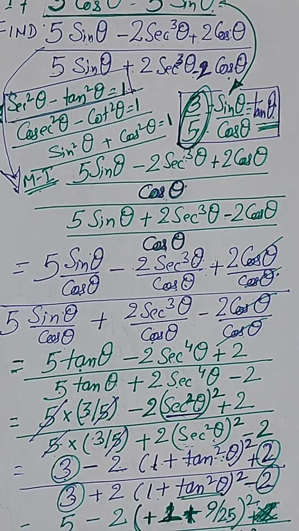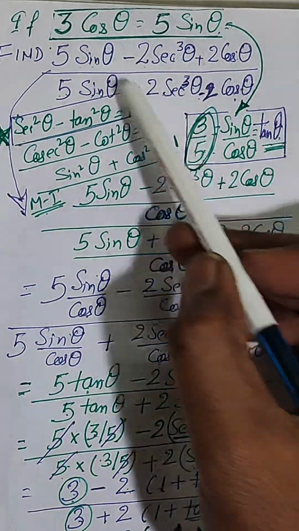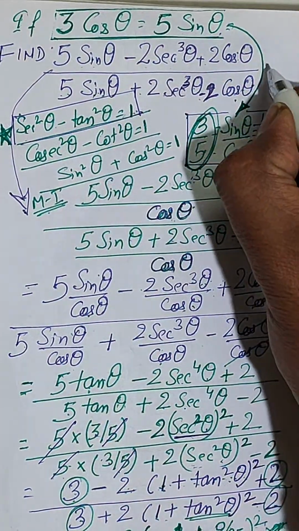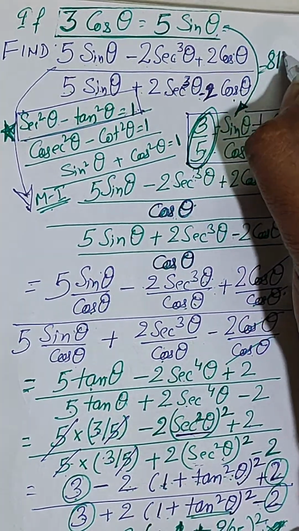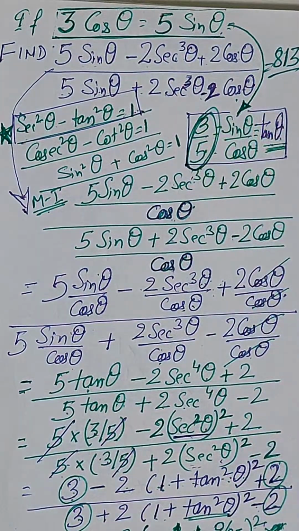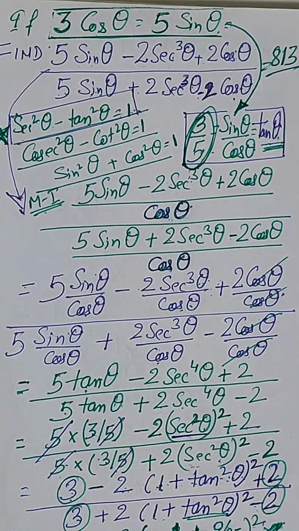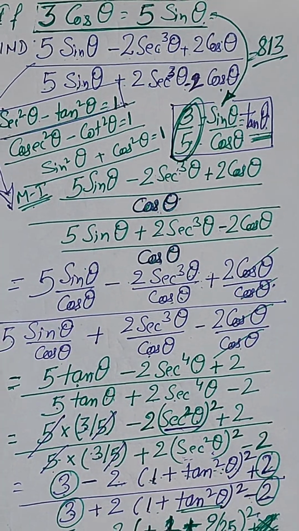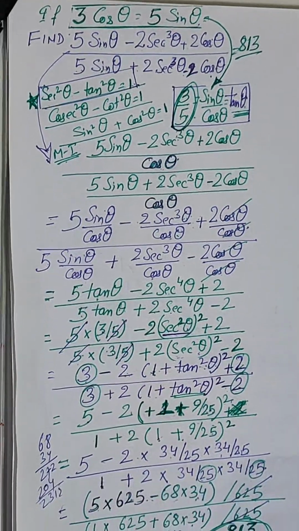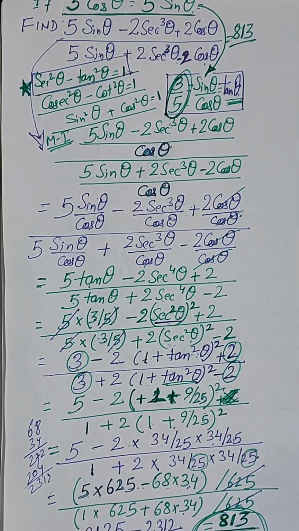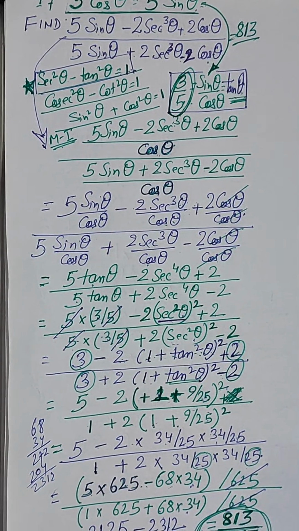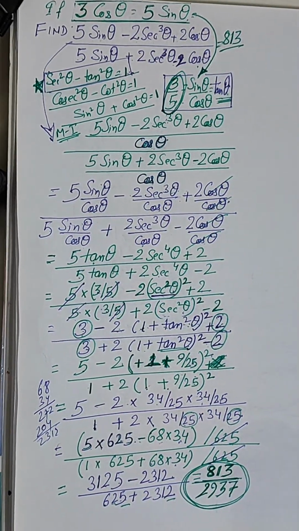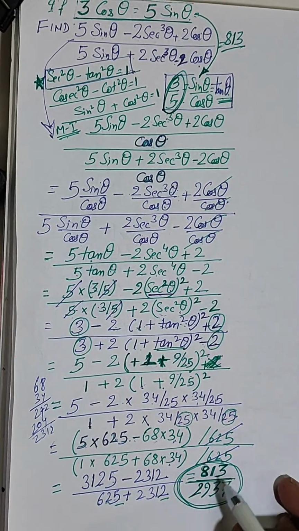This was the given identity, 5 sin theta. What is the value of this? So it is 813 by 2937.